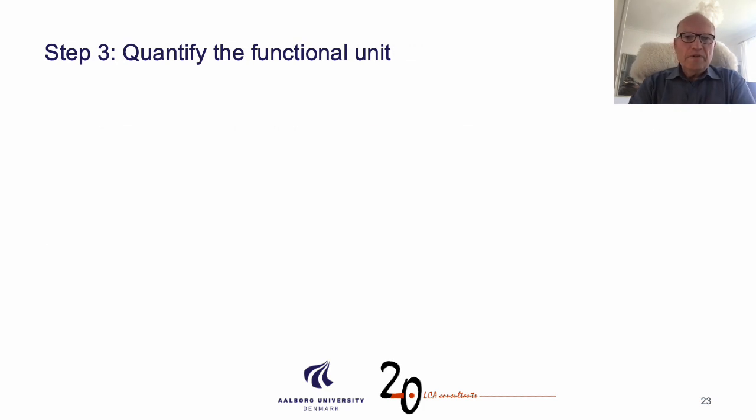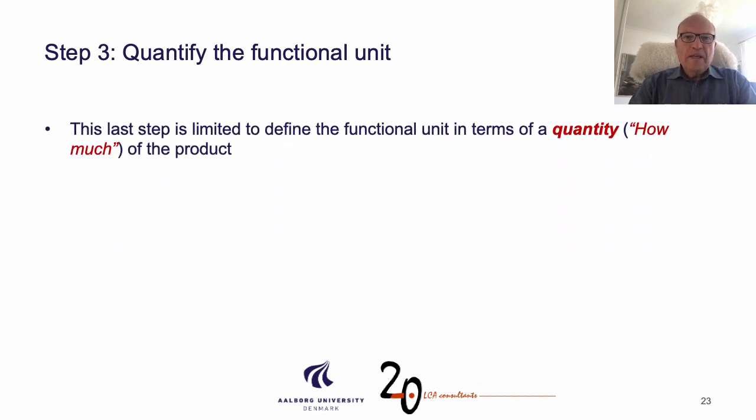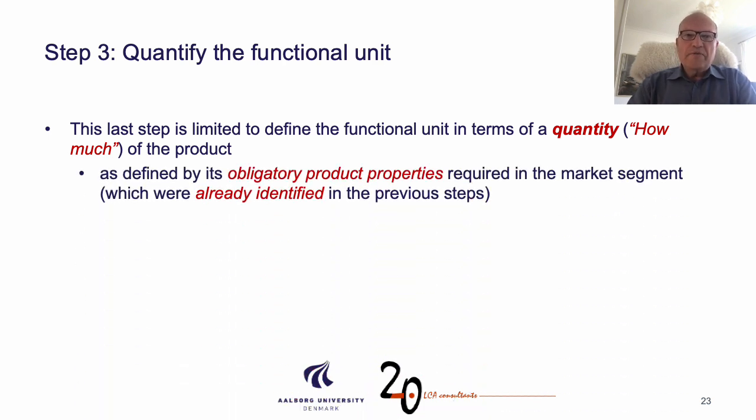We've now come to the last step, step 3 in the procedure, to quantify the functional unit. What we do here is simply put a quantity on the things that we have already identified, namely the obligatory product properties that are required in the identified market segment.